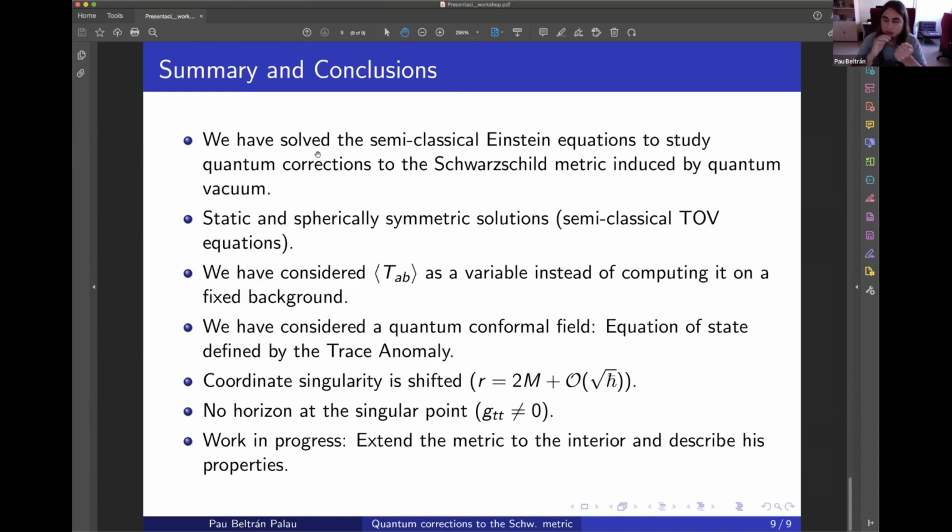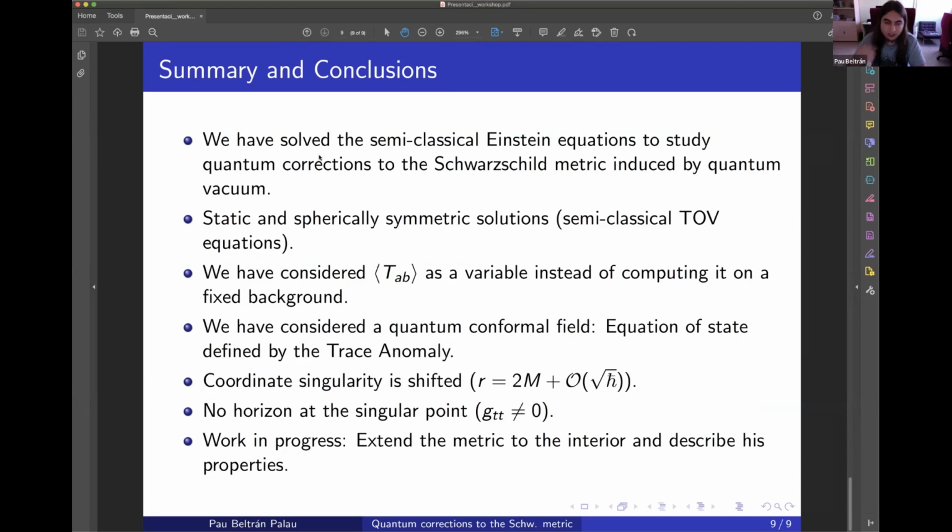We have considered the quantum stress energy tensor as a variable instead of computing it on a fixed background. And we have considered the special case of a quantum conformal field, because in this case we can take advantage of the trace anomaly in order to define an equation of state that makes the problem solvable.